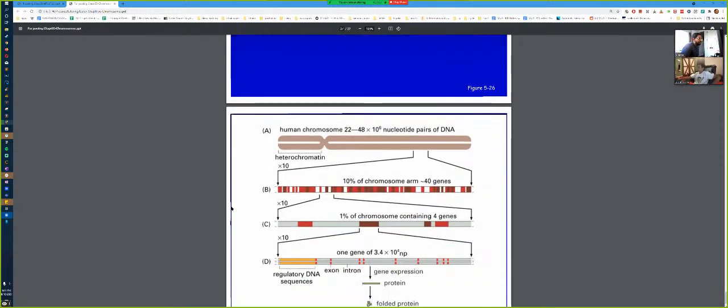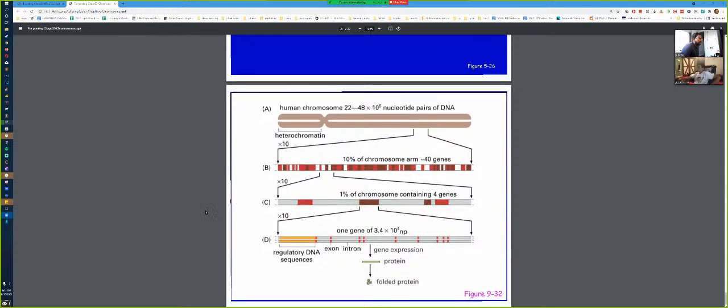Now here's where it's kind of going into it. If we have this chromosome and we take this small region, and they say this part is heterochromatin, so that's not going to be expressed, we don't have to worry about that. But if they take this small region and zoom in on it, that's 10% of this chromosome arm, which corresponds to 40 genes.